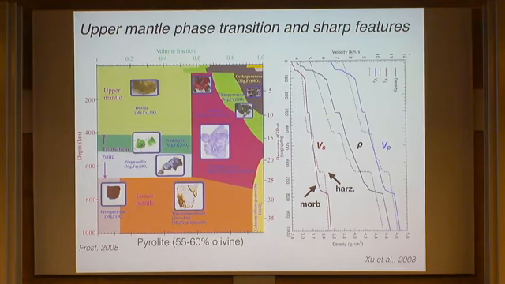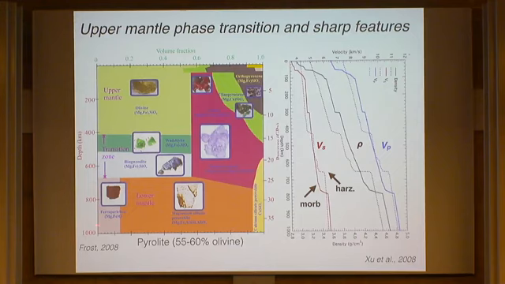To focus on the mantle transition zone, this is just one of the standard models. From Frost 2008, it shows the composition and the mineralogy as a function of depth from the surface down to 1,000 kilometers.